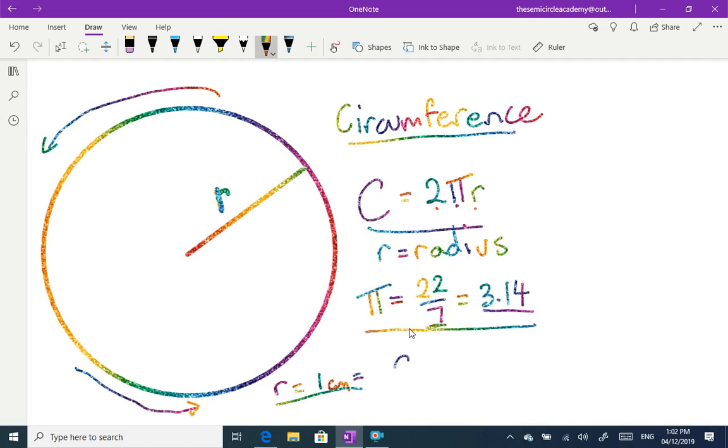So the circumference of this circle is equal to 2 times pi, which is 3.14, times the radius, which is 1. And when you do this, you'll work out to be 6.28 centimeters.